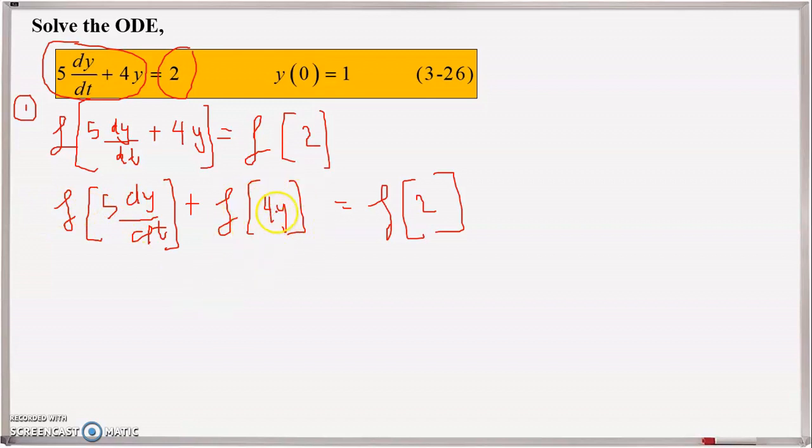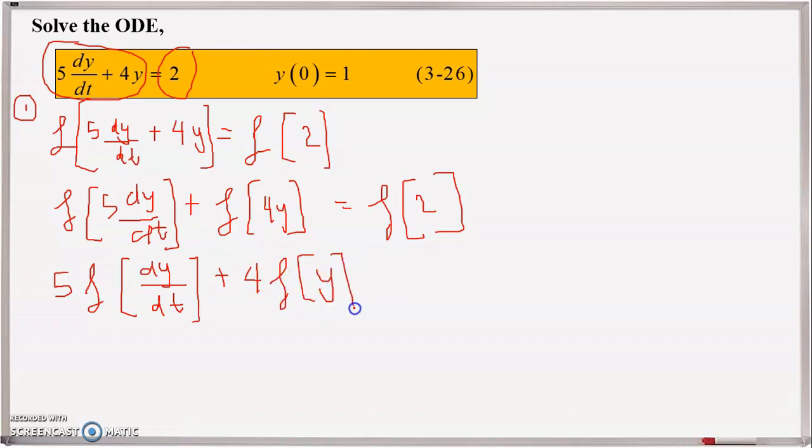Similarly with the second expression, take out the constant 4 and put the Laplace again. So it will look like this, equivalent to Laplace of 2. That makes it easy for us to see the function clearly, what kind of expression we have in the bracket.